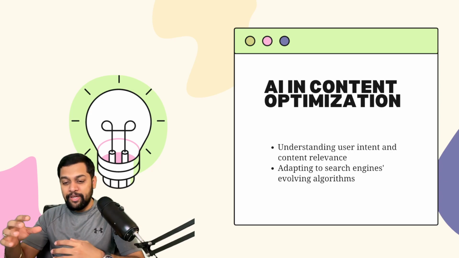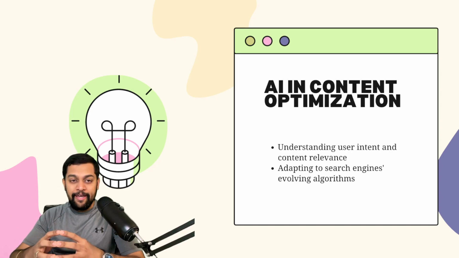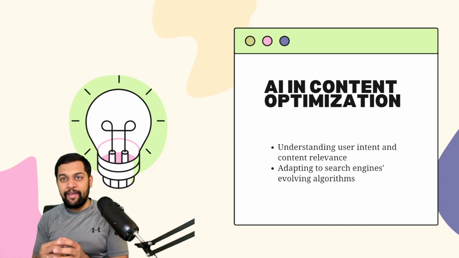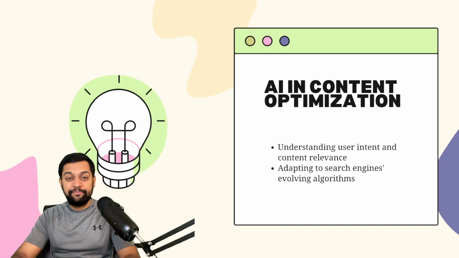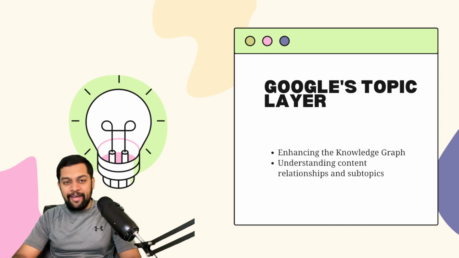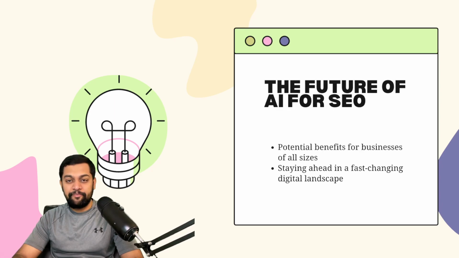So using AI tools will allow you to not just identify what you want to rank for, but it matches that piece of content with the user intent as well. An example of this is Google's topic layer. It helps with enhancing the knowledge graph, understanding content relationships and subtopics.